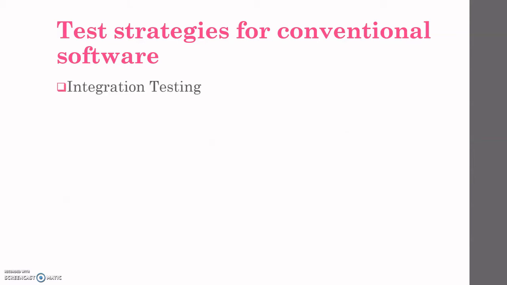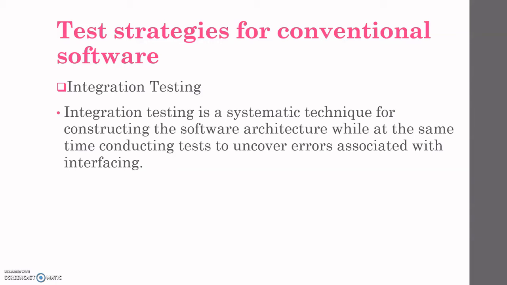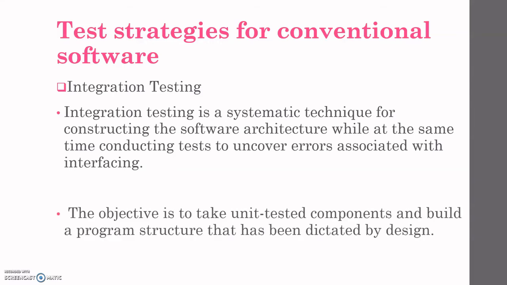Now we have the next testing strategy for conventional software, that is integration testing. Integration testing is a systematic technique for constructing the software architecture while at the same time conducting tests to uncover errors associated with interfacing. So here the objective is to take unit tested components.